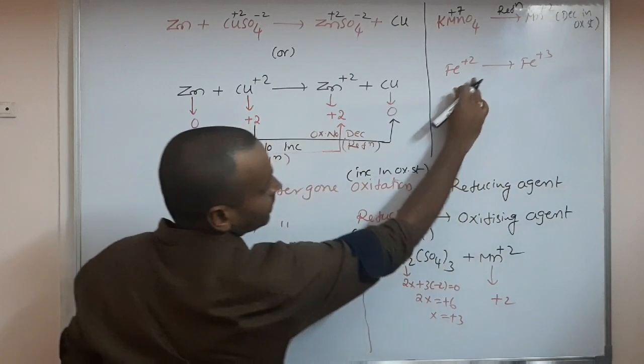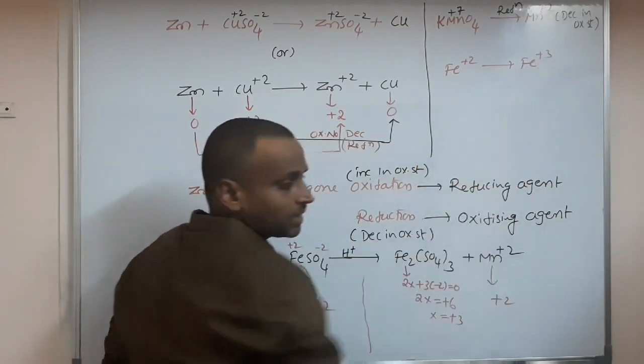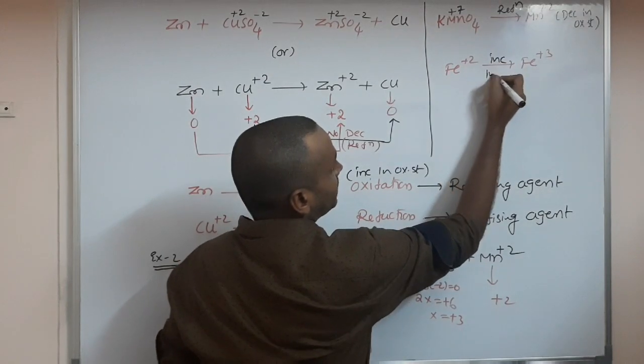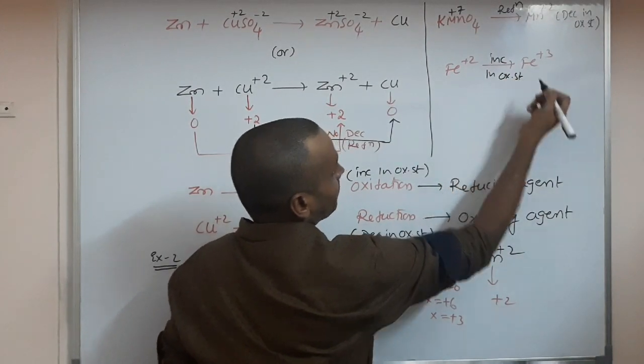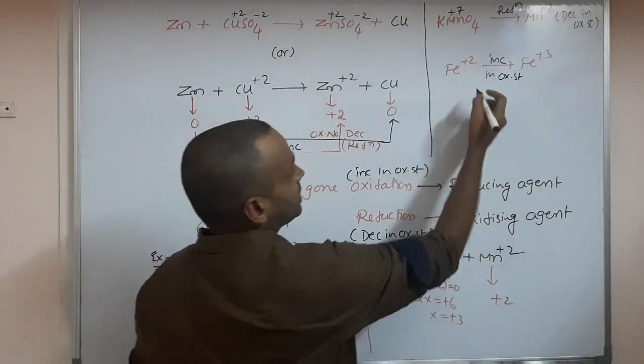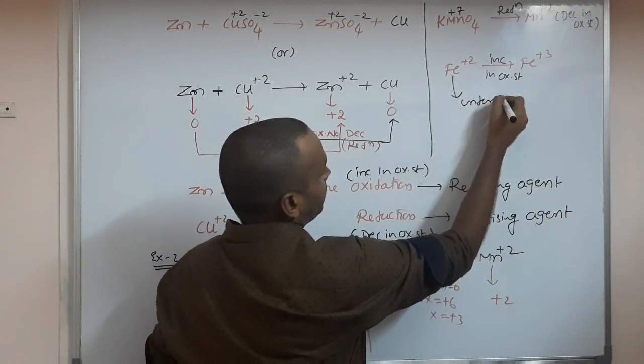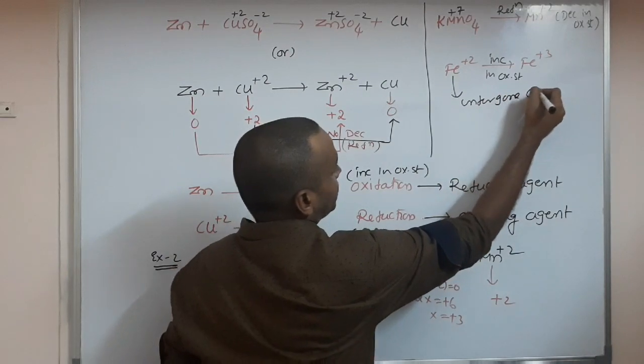And Fe2+ converted to Fe3+, 2 converted to plus 3. That means the oxidation state, what happened? Increase in oxidation state. Increase in oxidation state means Fe2+ underwent oxidation.